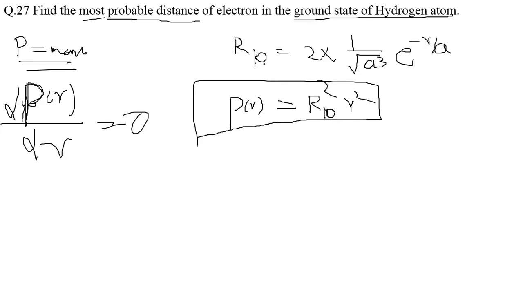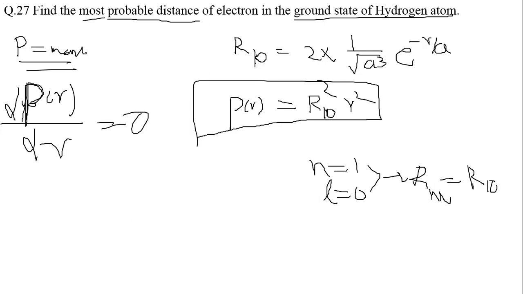For the ground state we are putting R10 here, because for the ground state n equals 1. So if n equals 1, L will be 0. So from R_NL, it will be R10.